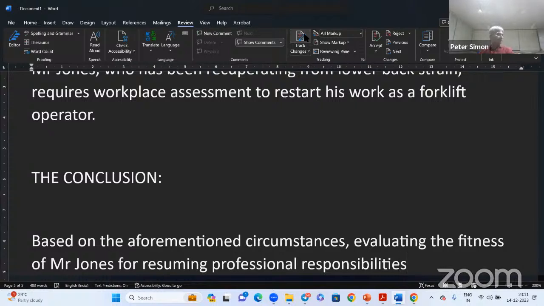Yeah, like that you can write now. It is the fifth paragraph.